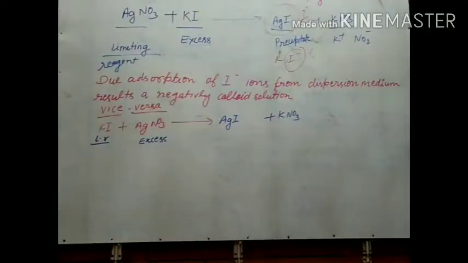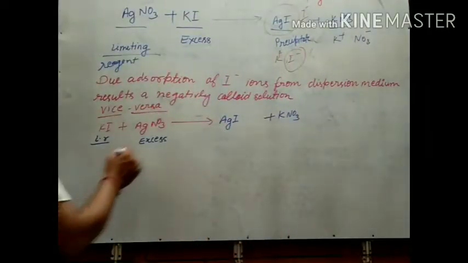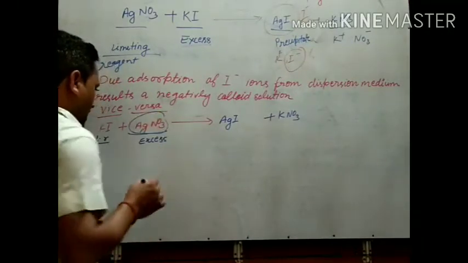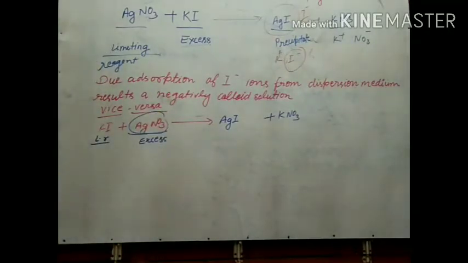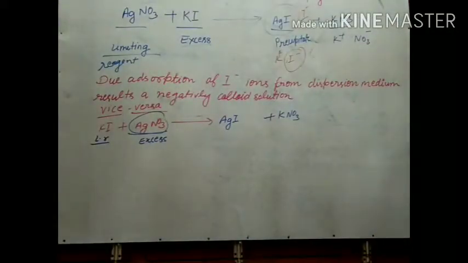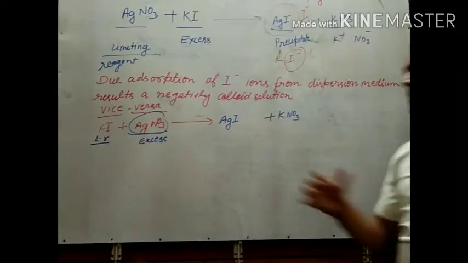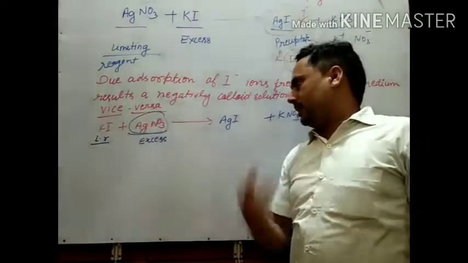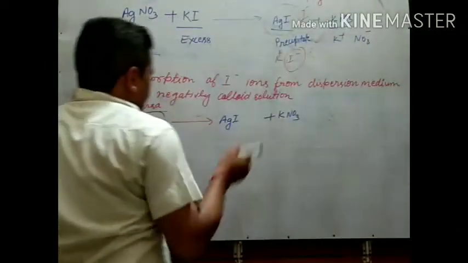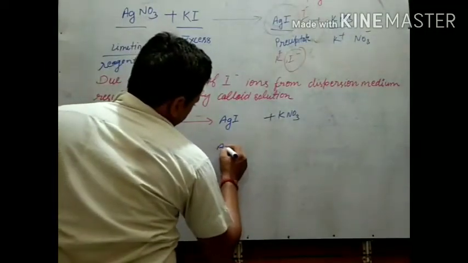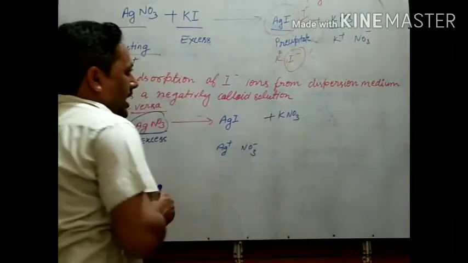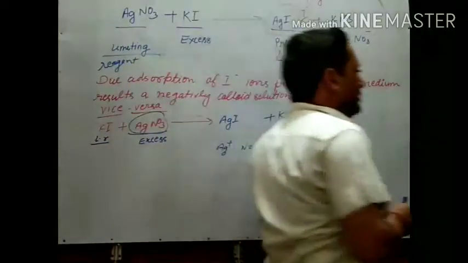Which one is in excess amount? This one is in excess amount. It means all the AgNO3 is not consumed during the reaction. AgNO3 is remaining, and if I write AgNO3, it is written like this: Ag plus and NO3 minus. I have already told that the common ion will be adsorbed.